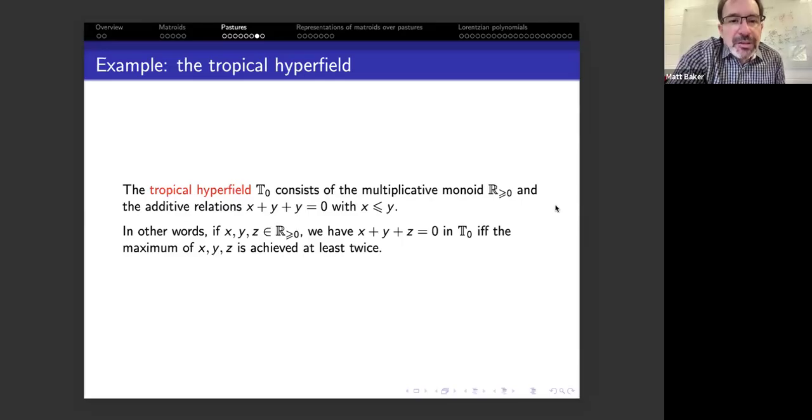But I'm not going to do that because the notation gets very confusing. And it's actually more natural for what I want to say here to consider things in this multiplicative framework. So it's kind of the same deal as absolute values versus valuations. They kind of encode the same information, one multiplicatively and one additively.